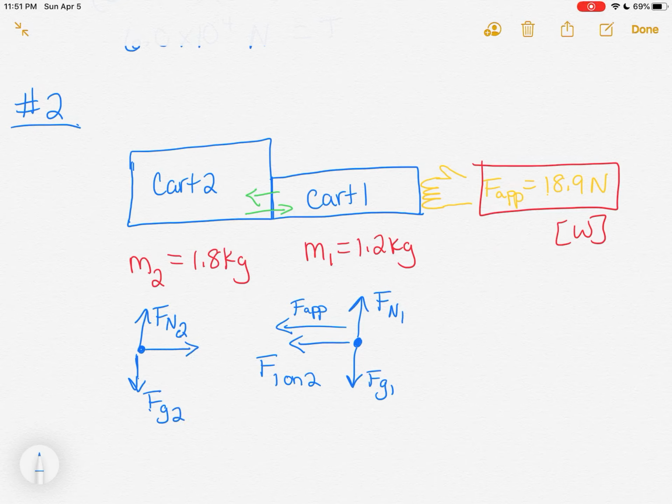And it's got that force that it's pushing back on cart 1, the force of 2 on 1. But cart 2 doesn't have that applied force. Cart 2 is not directly being pushed. It's being pushed from the force that's coming from cart 1. That's where our free body diagrams look a little different, cart 1 to cart 2.